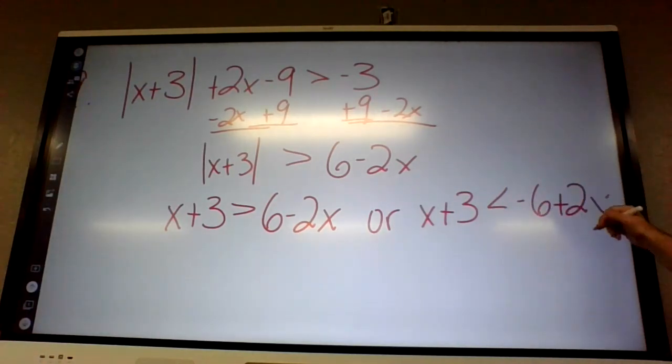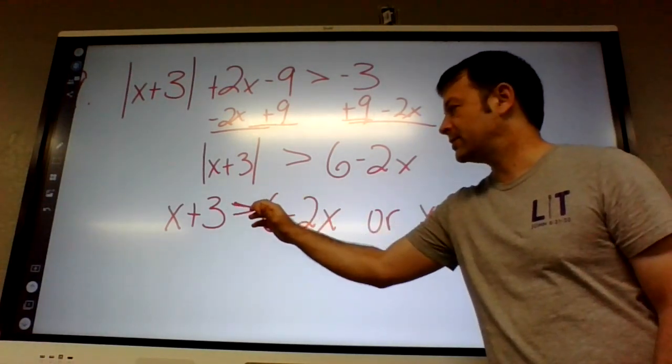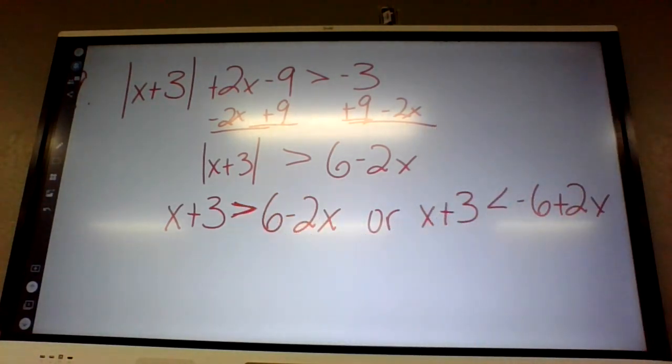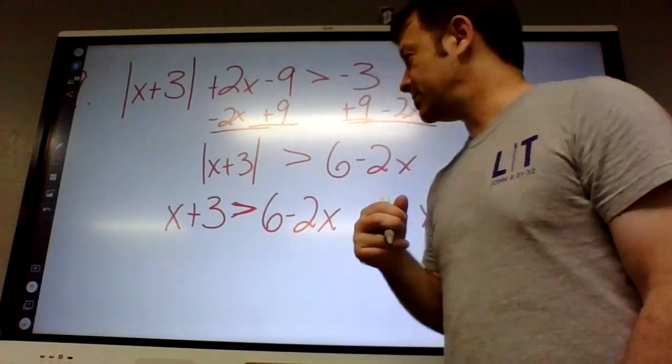Yeah, the opposite of the right side. So we switch the inequality and the negative stuff. Positive, negative. When it has x's outside of the absolute value, you kind of have to check your answer and make sure it actually works. One of these doesn't actually work.